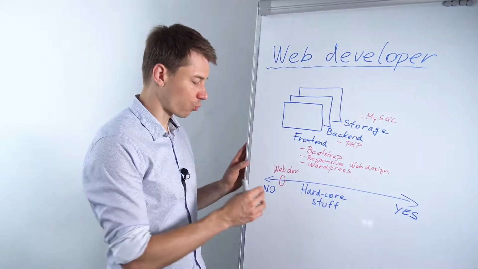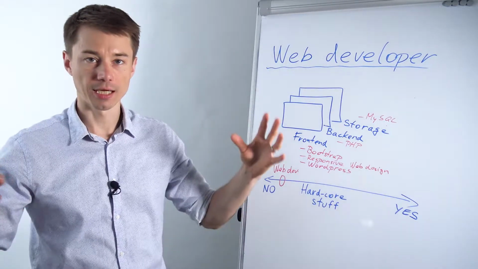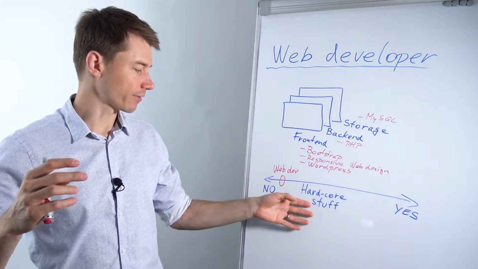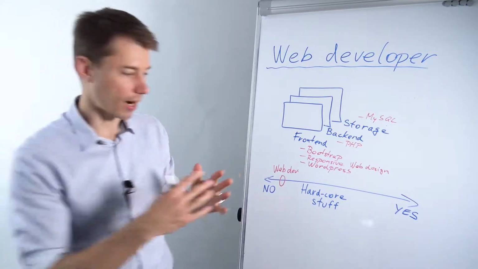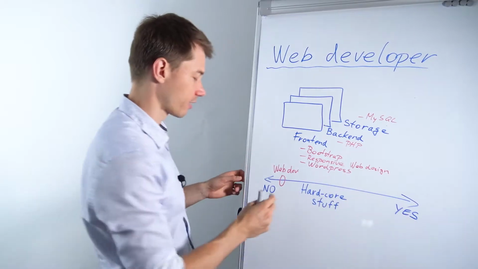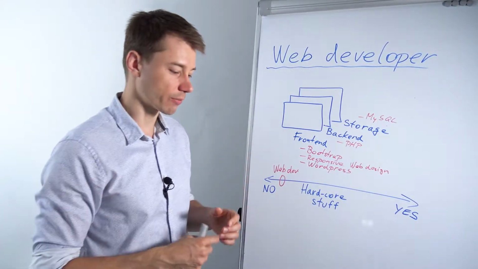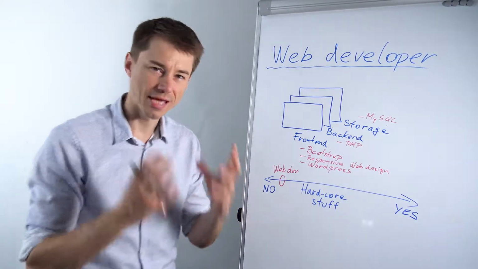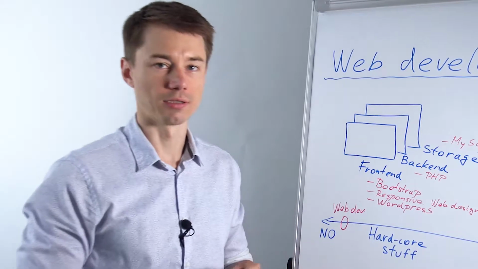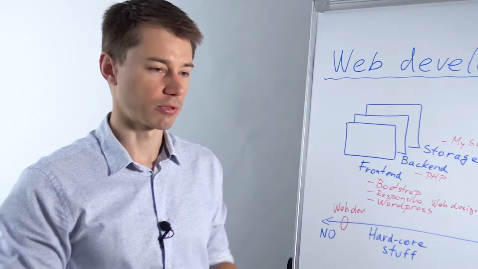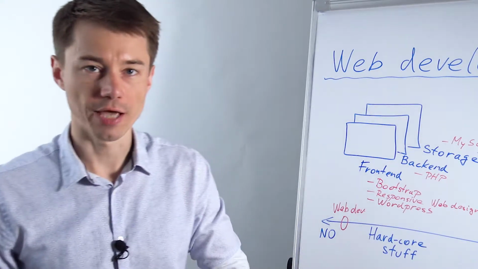So anyway, what I usually like is to think on some scale, and in this case I think about hardcore stuff. Usually you have really hardcore stuff, and then not hardcore at all. By hardcore I mean something really challenging, something technically difficult. What could be technically difficult? Say you have an e-commerce shop like Amazon with gazillions of visitors every second.